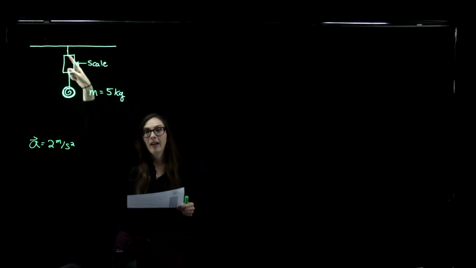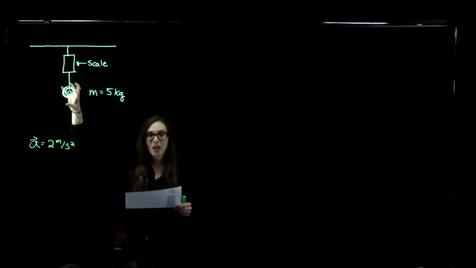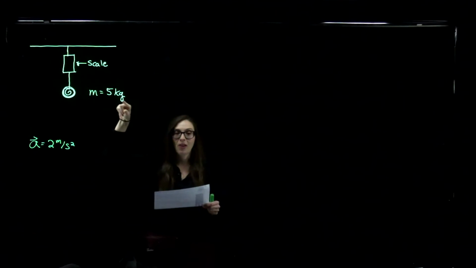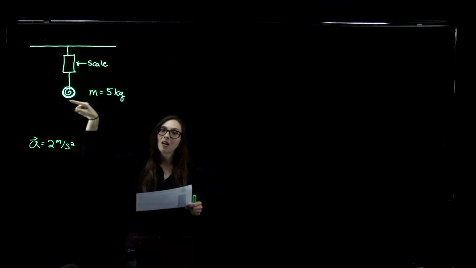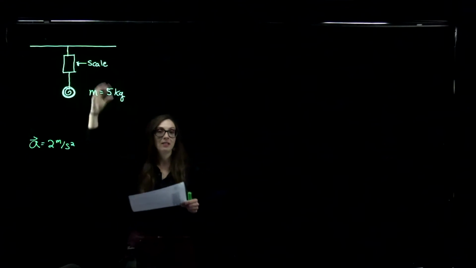Here's the scale hanging from the ceiling. That scale has a little metal hook, maybe, attached to the meteorite. The meteorite has a mass of 5 kilograms. And this scale is calibrated to tell us the weight of this meteorite in newtons.